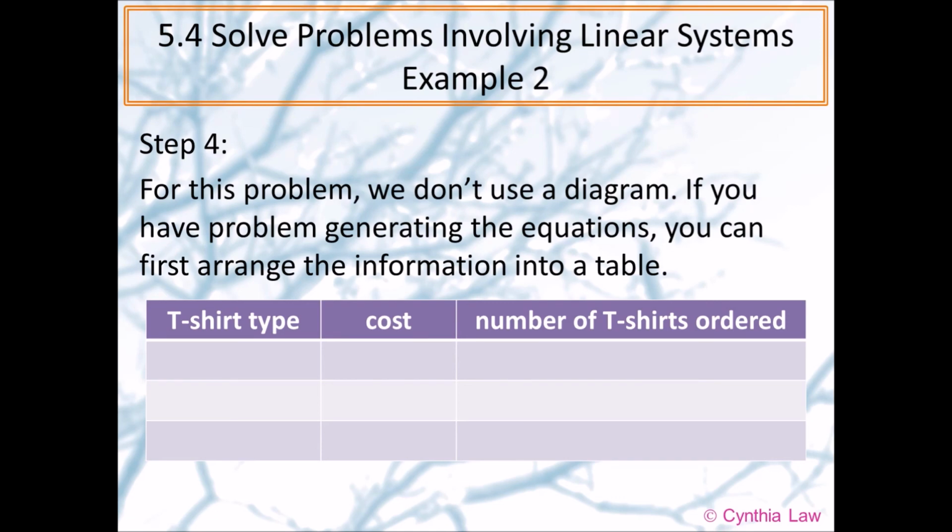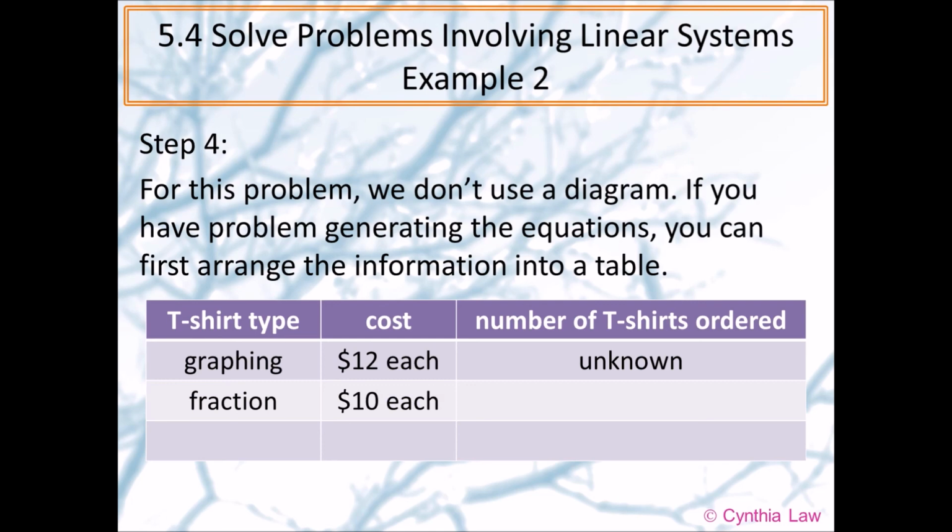For the t-shirt types, we have graphing t-shirt, and the cost is $12 each. And then we don't know how many were ordered, so that's unknown right now. And then we have the second type of t-shirt, the fraction ones. So the cost is $10 each, and we don't know how many were ordered, so that's unknown as well.